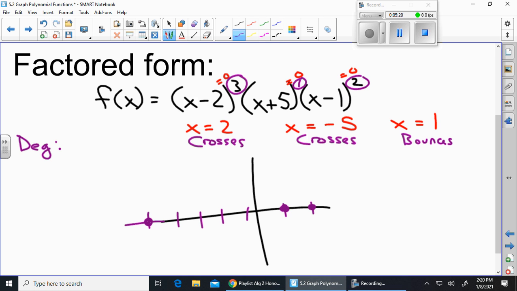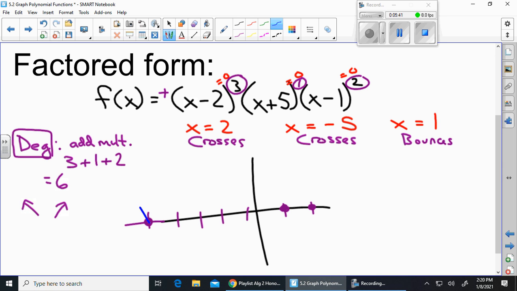I do that by adding up the multiplicity. So I would have 3 plus 1 plus 2, which is 6. Even degree, up and up or down and down. I look at what's in front, it's positive, so I know this has to go up and up.